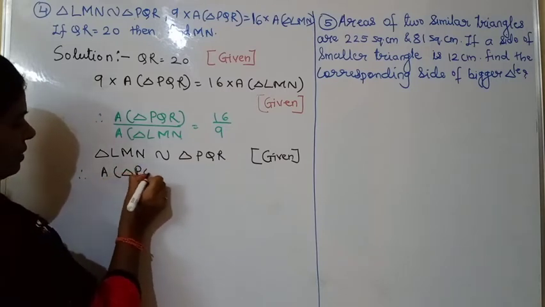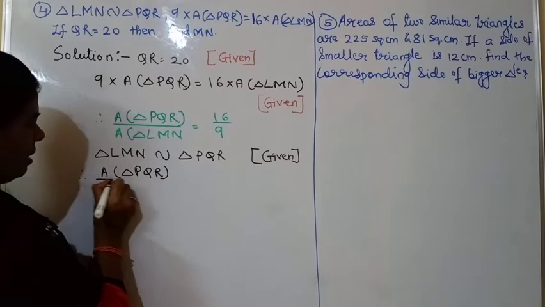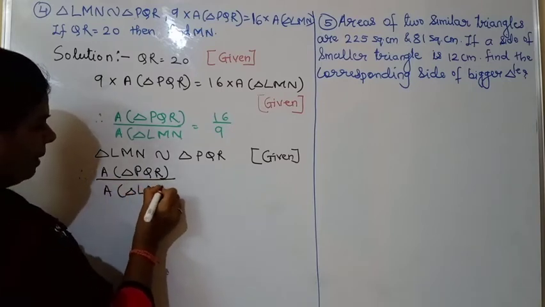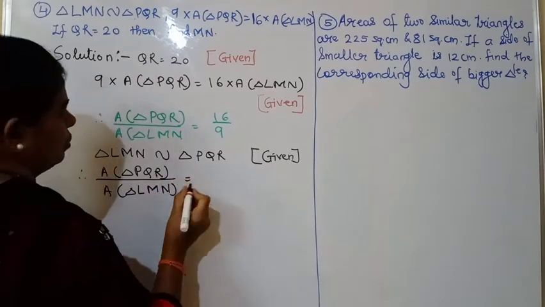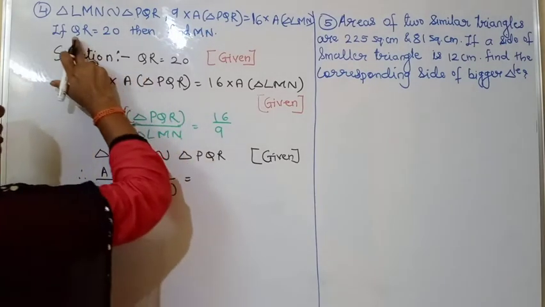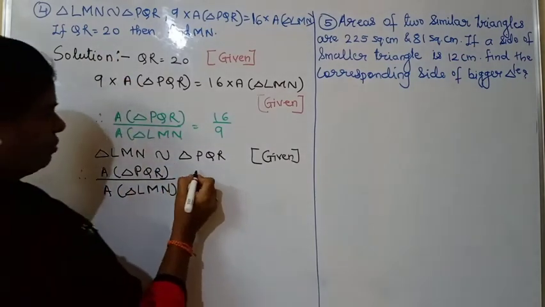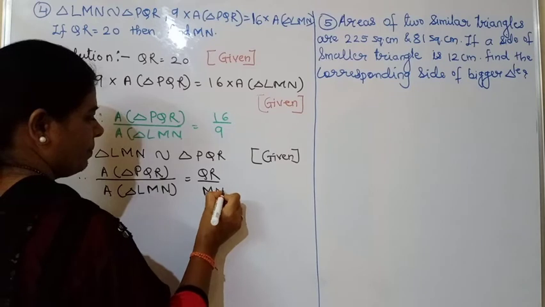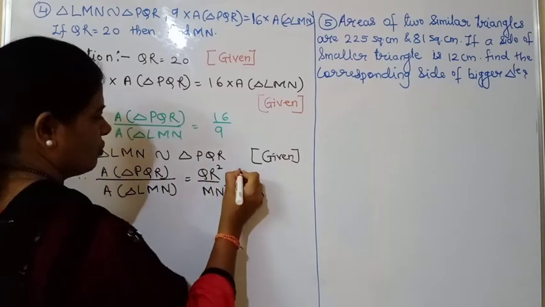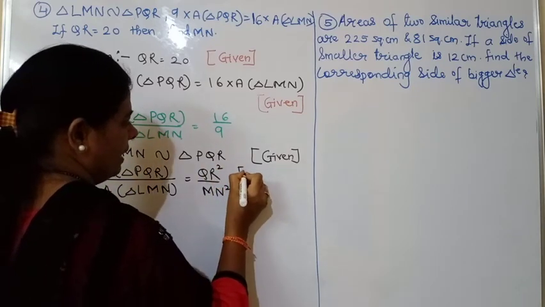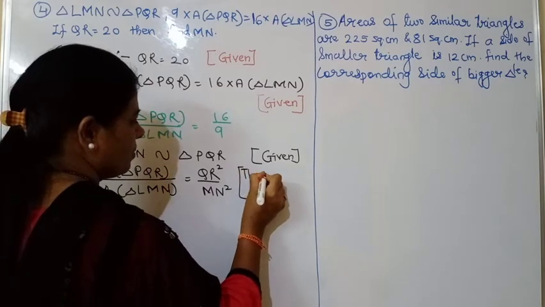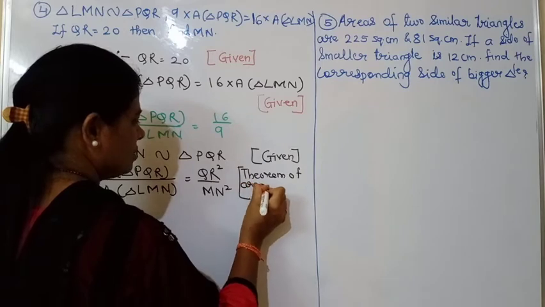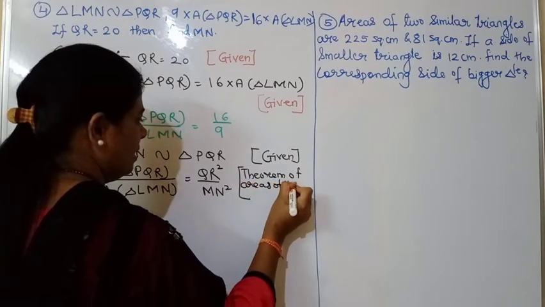That is area of triangle PQR upon area of triangle LMN is equal to, what is given to us, that is the QR. So we will write here QR upon MN, QR square upon MN square. We will write the reason, that is by the theorem of areas of similar triangles.